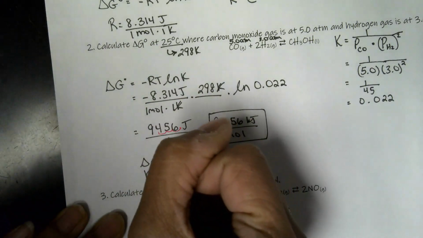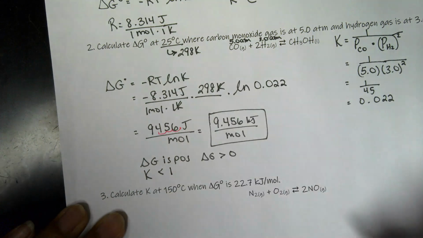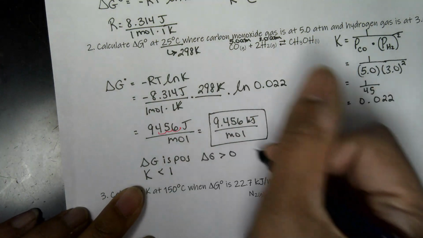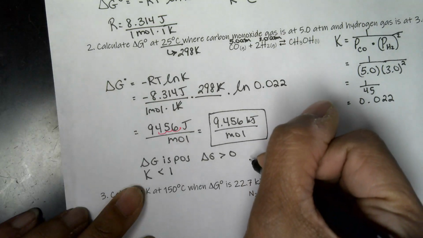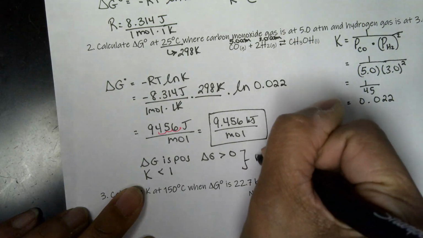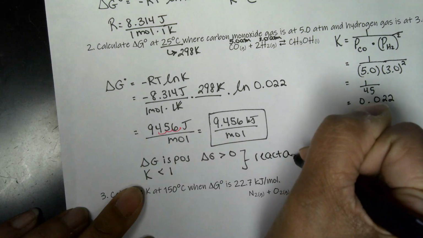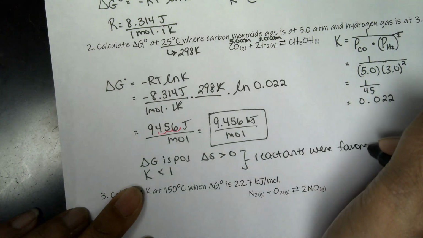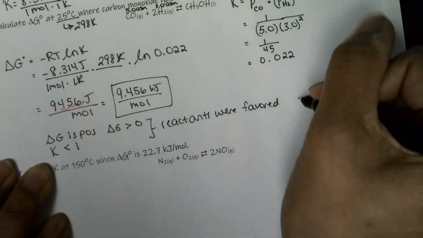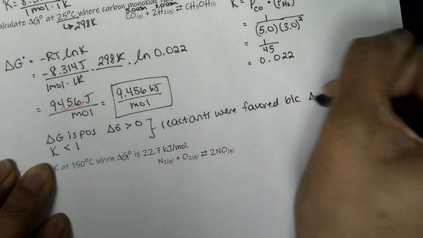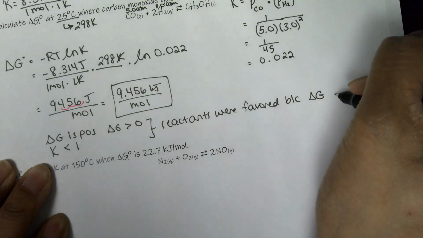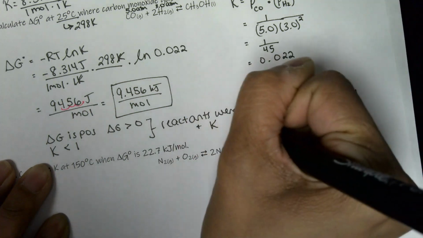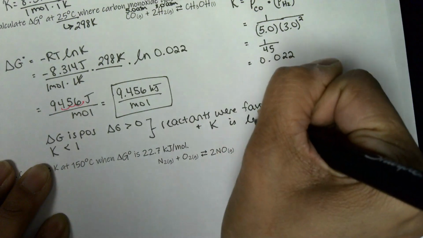So my K is less than 1. And looking at those two conditions and my values, I can say that the reactants were favored because delta G is positive and K is less than 1.